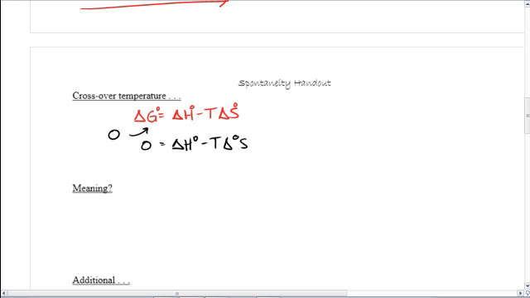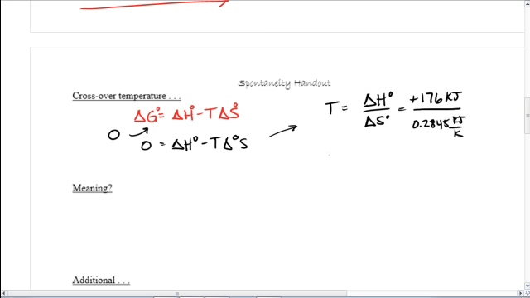And what we're going to do is solve for that temperature. So then temperature is going to be equal to delta H over delta S. And we know these values because that's on the front of the page. So our delta H value was 176 kilojoules. And our delta S value in kilojoules was 0.8245 kilojoules per Kelvin.